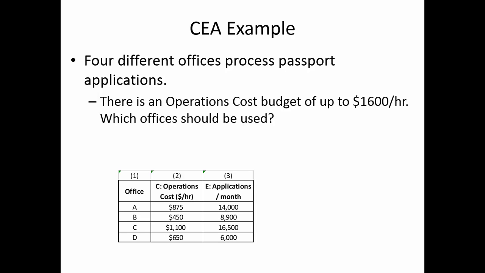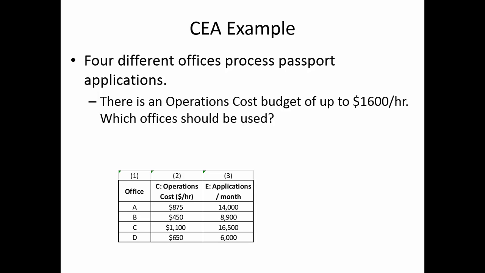And we have, similarly, another cost for each of the other offices. So this is a measure of their cost. And column 3 is a measure of their effectiveness. The only thing we're judging is how many applications per month they're processing. And so you can see Office C has the most applications per month. Office D has the least.